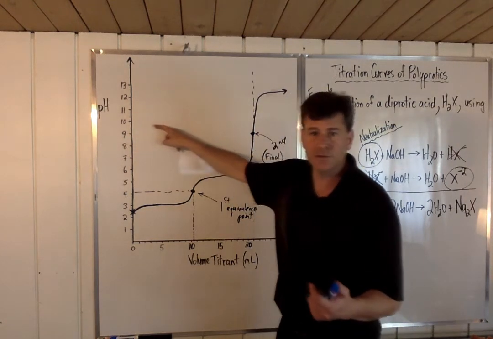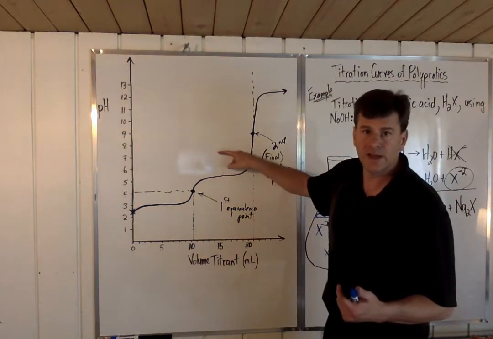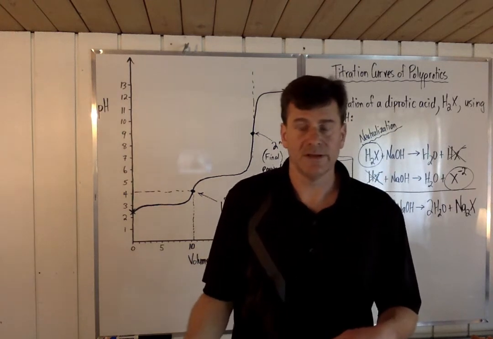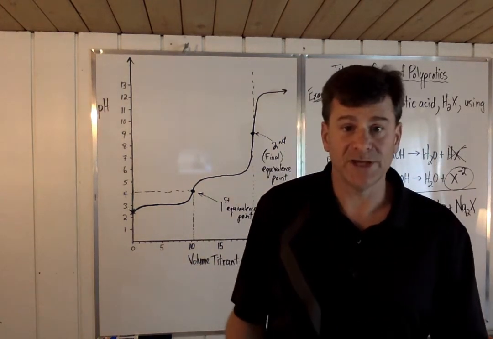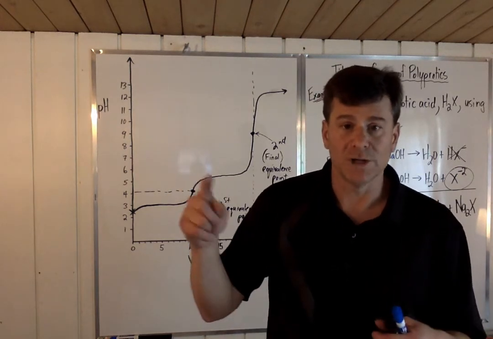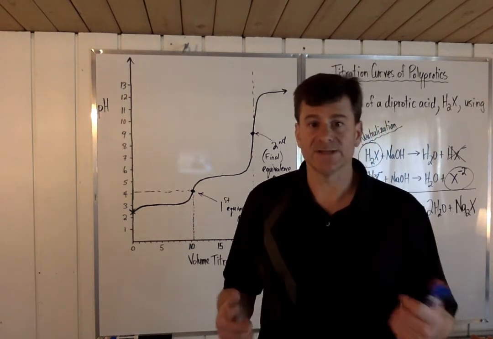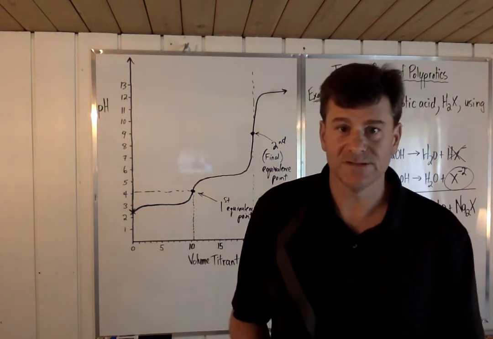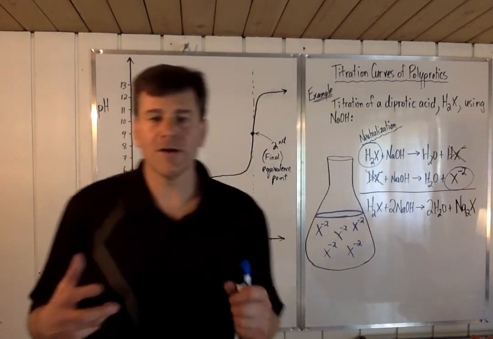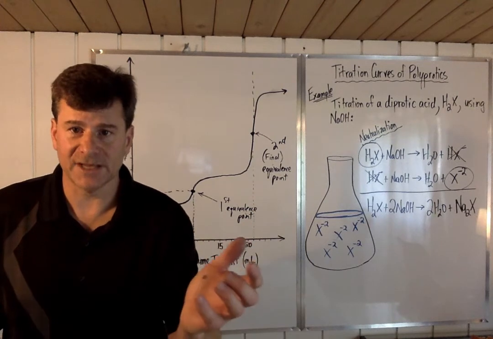It would have plateaued, dropped down, plateaued, and then dropped down, and you would have had your final endpoint, because CO3 can take 2 H's. If it was PO4 negative 3, you would have seen 1 drop, 2 drops, 3 drops, because it can pick up 3 H's. Okay? So titration curves are very useful in identifying if you have a truly unknown substance.